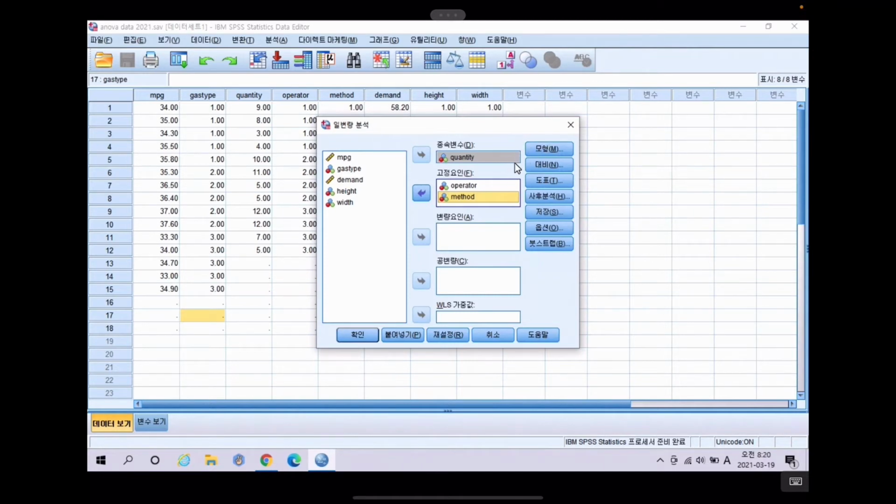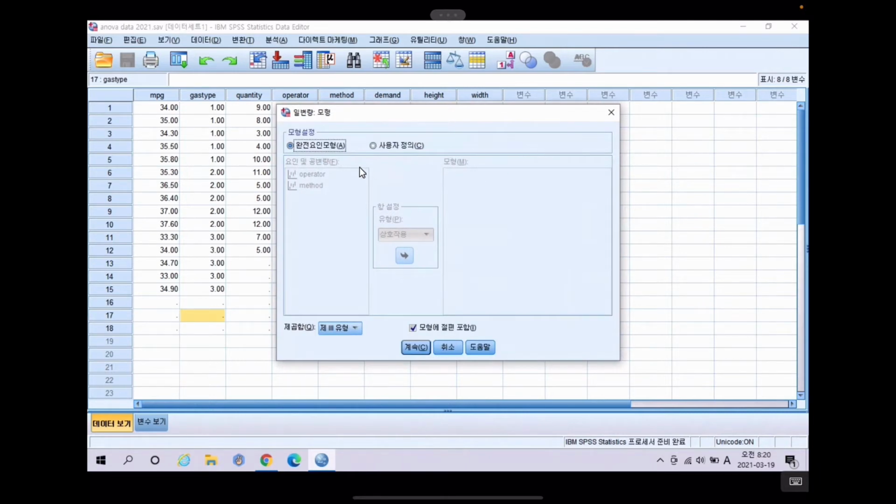The reason you specify your model is that you should specify whether you have an interaction effect or not. So you go to the model here. There are two options: this one is the complete model, and this one is user defined. If you have an interaction effect, you choose the complete model.